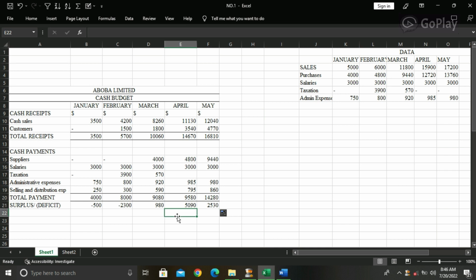So here we can see that there is deficit in January and February, whereas March to May have surplus. So to this surplus, we are going to add our opening cash balance. So what is the opening cash balance given in the question? Let's look at the question and see if we can get our opening cash balance.